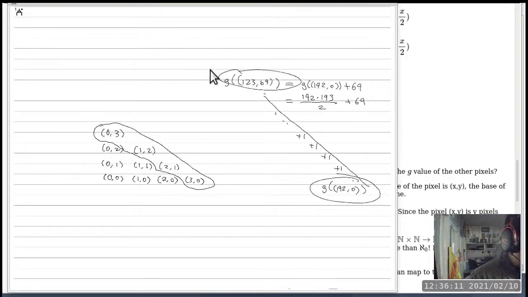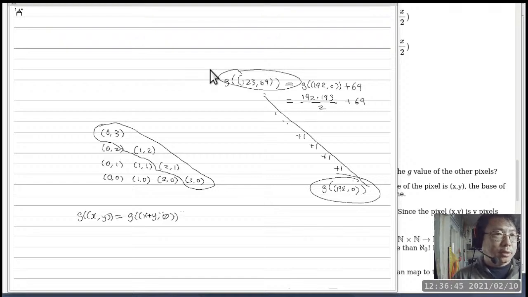So now the question is, this is a concrete example. From the concrete example, how do we generalize? So the generalization is g of x,y is going to start with the value of g of x,0, because that one is pretty easy to get to, and then we just have to add y to it. Oh, I take it back, not x. It's x plus y, 0, because that is at the base of the diagonal line of the pixel x,y.